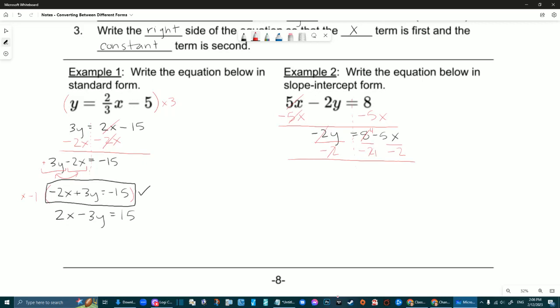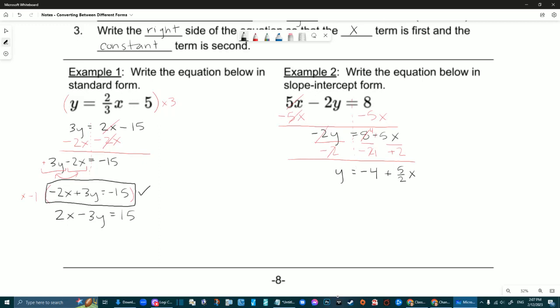And I know that a negative 5 divided by a negative 2, when we're doing multiplication or division, 2 negatives make a positive. So that's going to give me y equals negative 4, positive 4 over negative 1, plus 5/2 x.